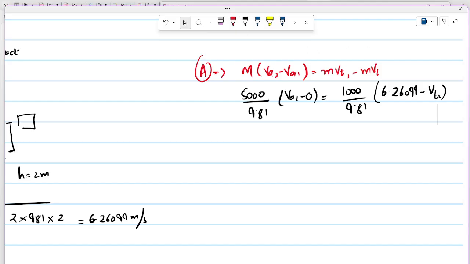So we can substitute these values and solve this: 5000 over 9.81 becomes 510.204 VA2 equals 1000 divided by 9.81 into 6.260, which becomes 638.87 minus this into VT2, 102.0408 VT2.